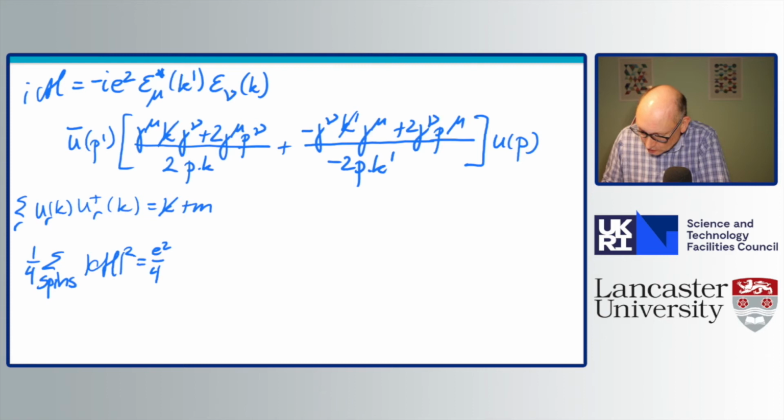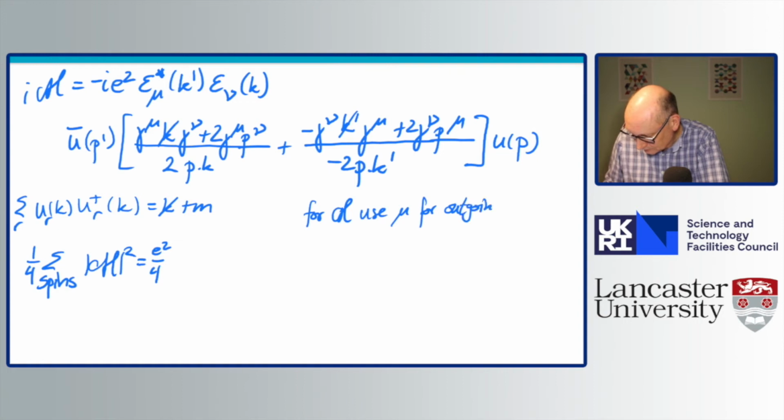So for M, we use mu for the outgoing photon, final state photon, and we use nu for incoming. This was with momentum k prime, and this was with momentum k.